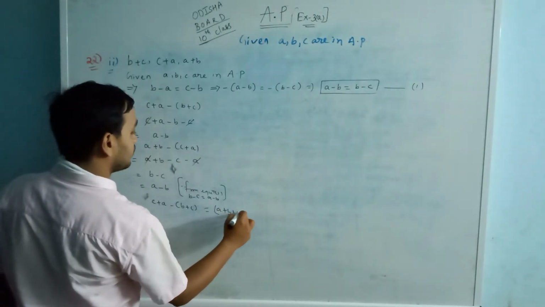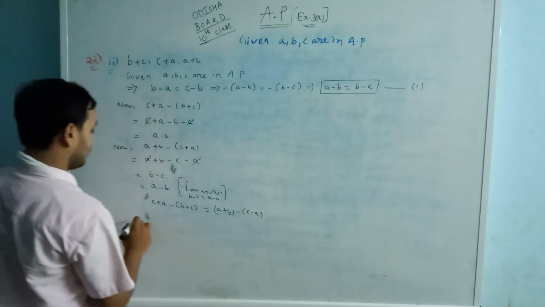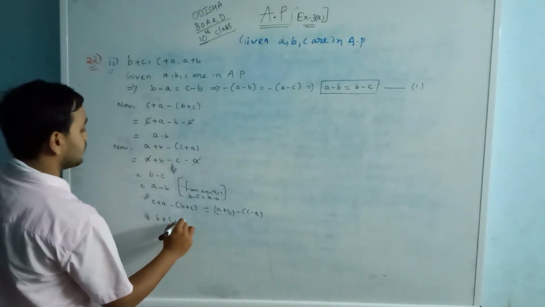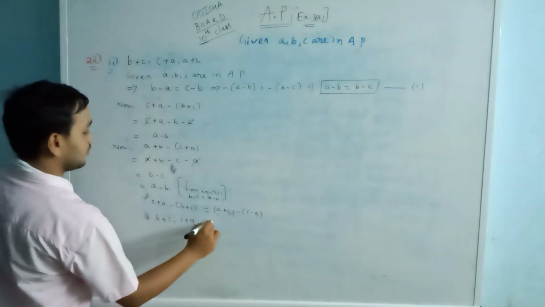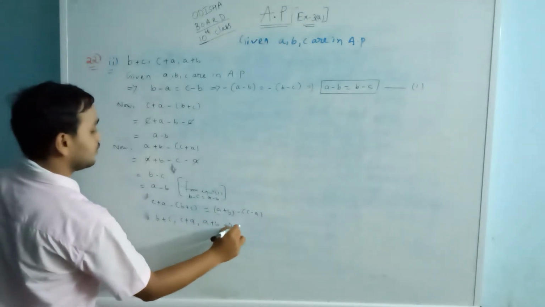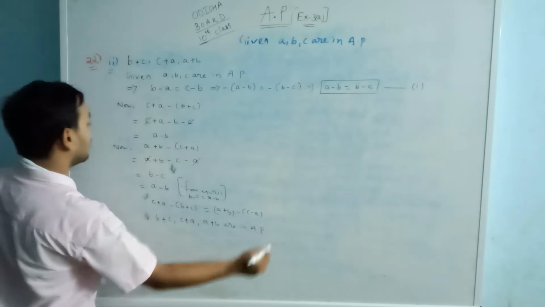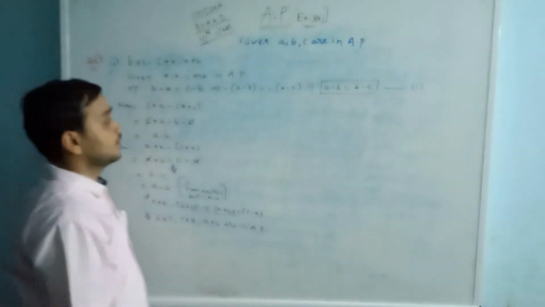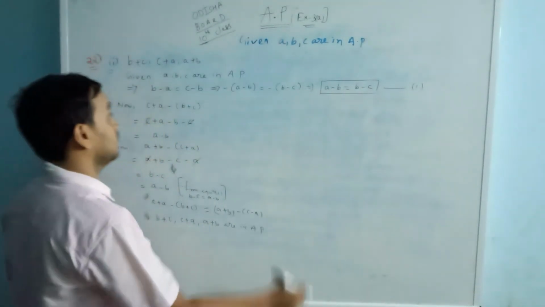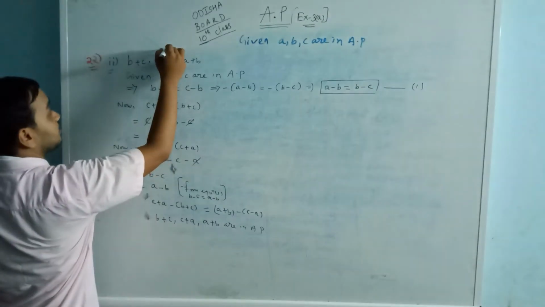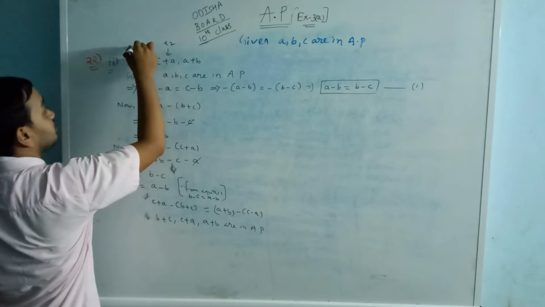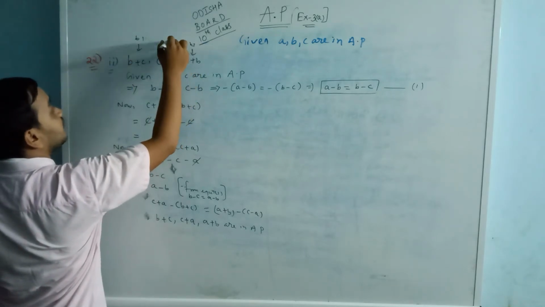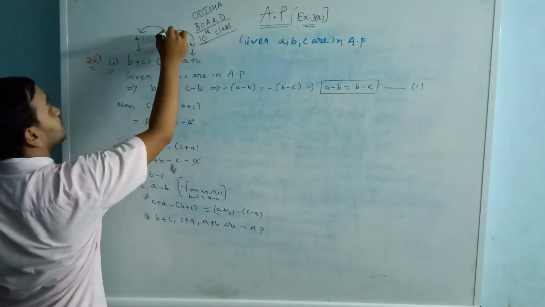A plus B minus C minus A. Therefore, B plus C, C plus A, A plus B are in AP. Because this is what? T2. This is T1. This is T3. T2 minus T1 is equal to T3 minus T2.